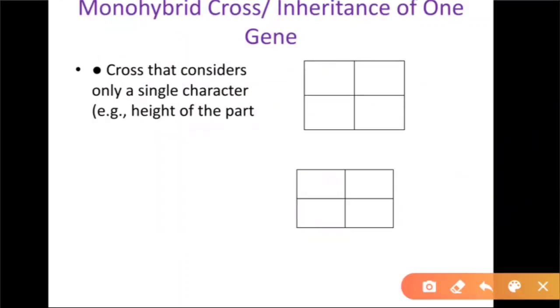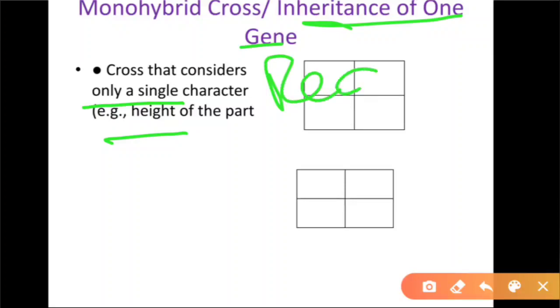Now the monohybrid cross. The cross performed earlier is also called a monohybrid cross, or inheritance of one gene. When we consider only one single character, that character is height, or if we take the character of color, like red color of flower, then it is called a monohybrid cross.